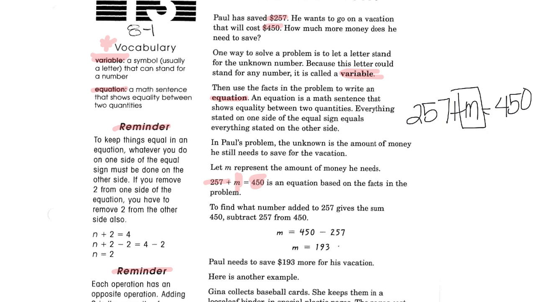So what's the opposite of a positive? A negative. So I'm going to subtract 257 from both sides. Over here, when I do that, that becomes a 0. This leaves me with M equals 193. Either way is fine. I just prefer to write my equations like this.